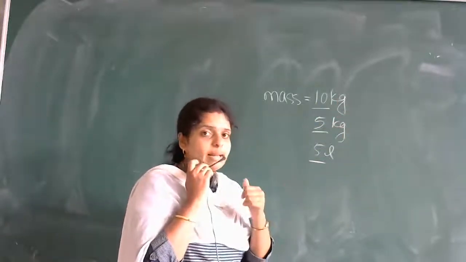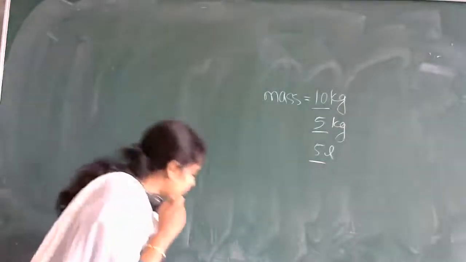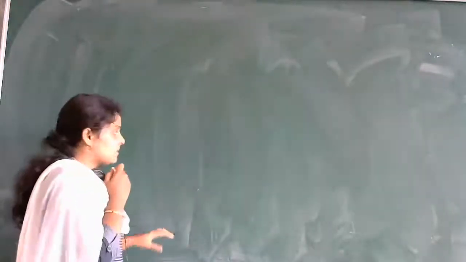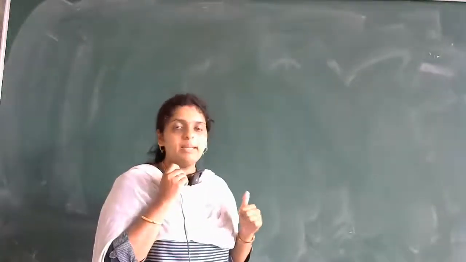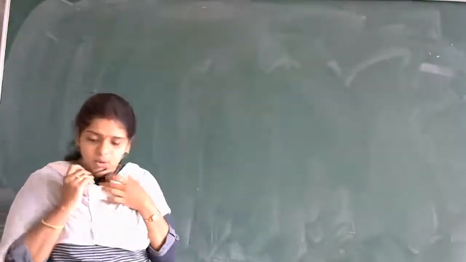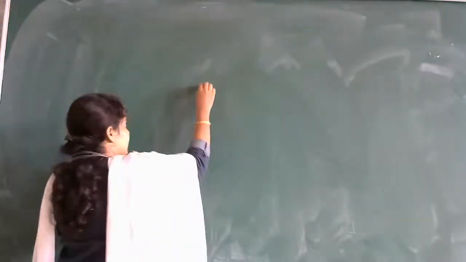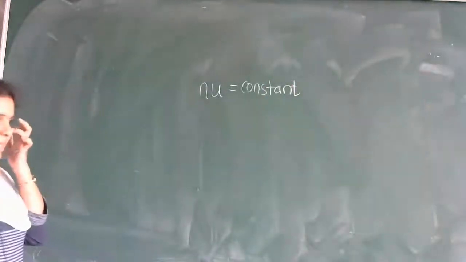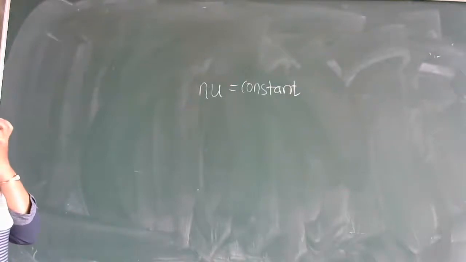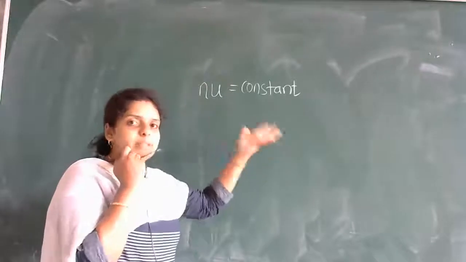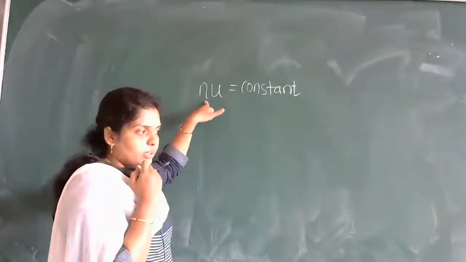So here I'll write, a physical quantity consists of magnitude, or the number, and the unit. Therefore, I'll write it as nu is equal to constant. It is just an example. Some physical quantity has magnitude n and unit u.